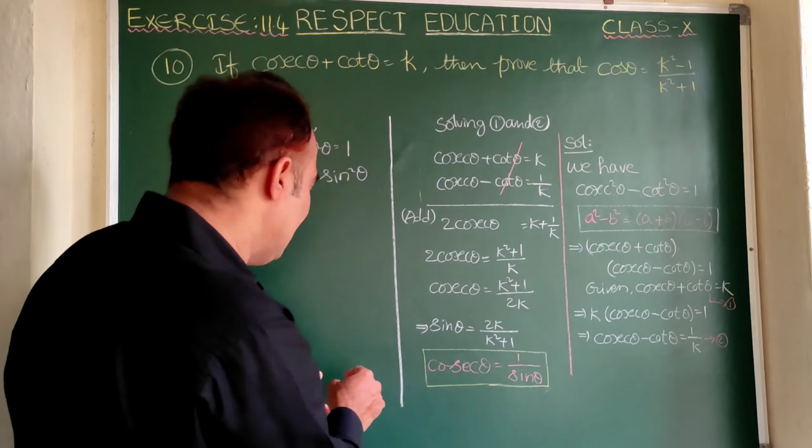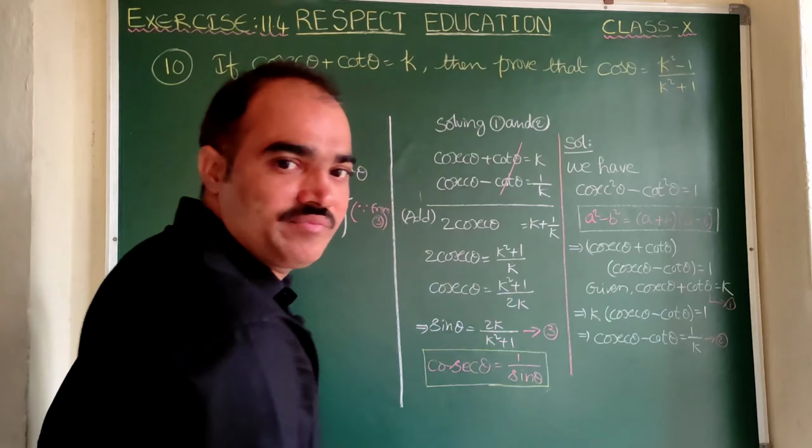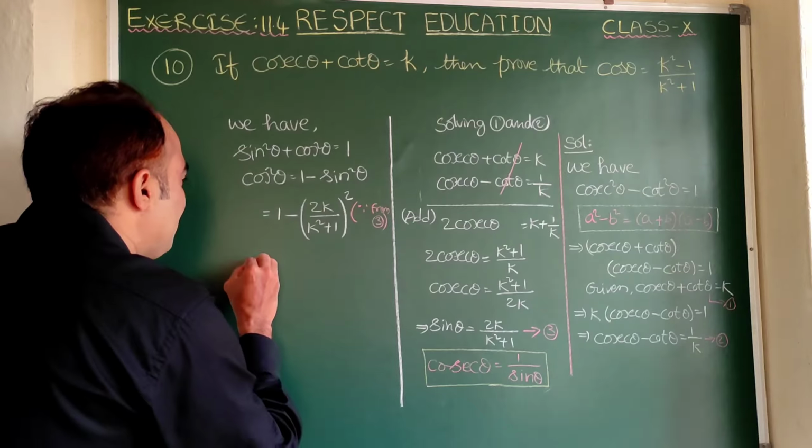Let us take it as equation number 3. So from 3 we are writing this as 2k by k square plus 1 whole square. Is it clear? This is since from equation number 3 we have replaced it. If we simplify this, we will get the answer. Now here let us simplify.